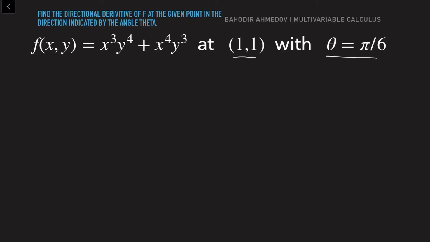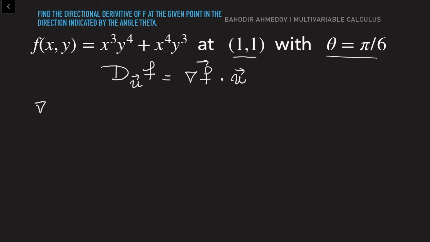So basically we are going to define the directional derivative of the function in the direction of some unit vector u as the dot product of the gradient of this function, the gradient vector, which is going to contain the partial derivatives of this function, times this vector u. So we need to first of all find all the ingredients of this formula.